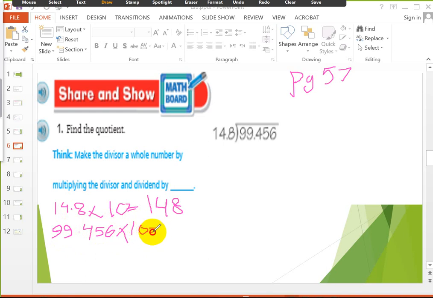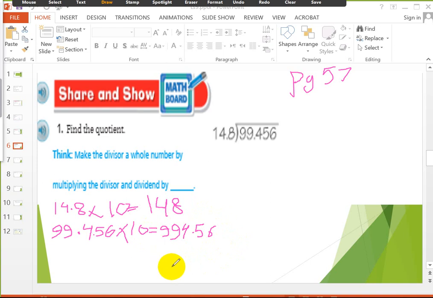Look, I have to move the decimal point just one digit, so it will be right here. So the number will be 994.56.